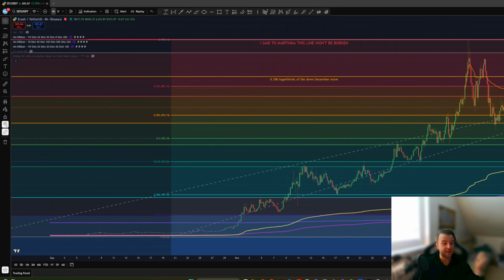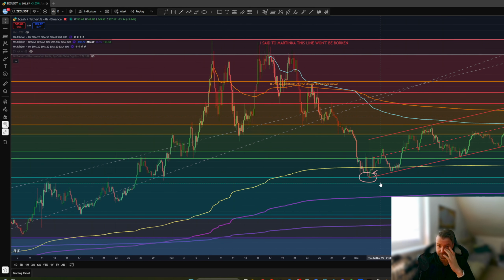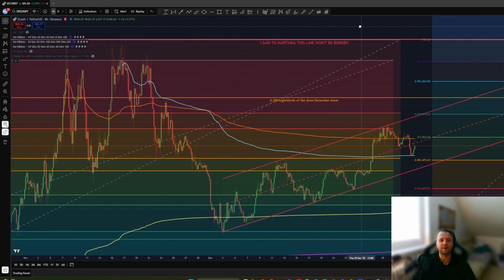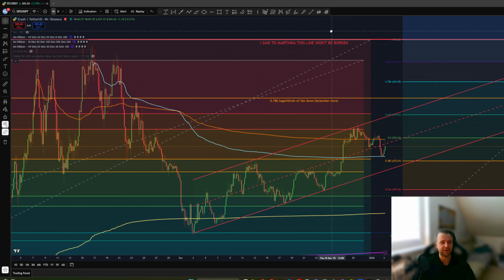This is the line 0.618, and then it goes exactly to this line and comes back. It didn't hit this green line here, which I was expecting, but it hit this one, and then this one, etc. So it is hitting these lines very reliably, and you can actually trade into it.